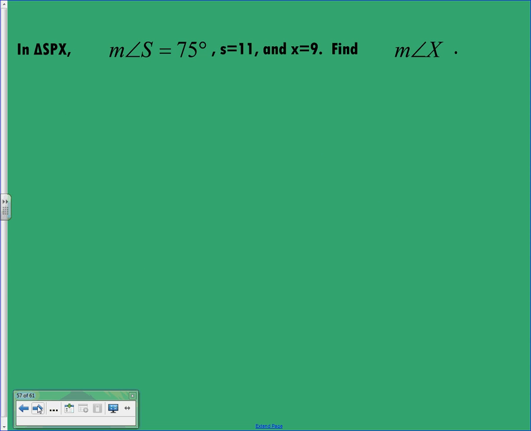Okay, and example E, so we'll try another one. So now we've got triangle SPX. Angle S is 75, and side S, across from angle S, is 11. Side X is 9, so that's across from angle X, and I want to find angle X. So set up similar to the last one.